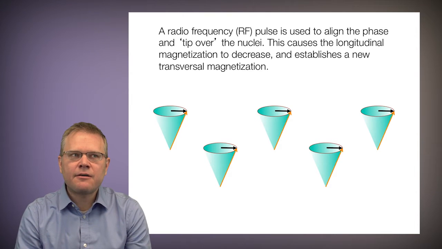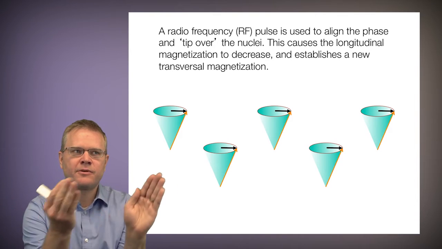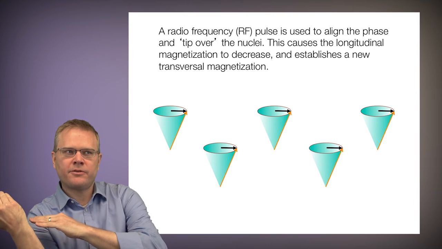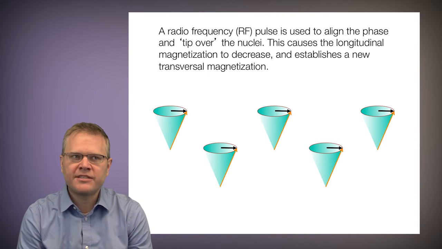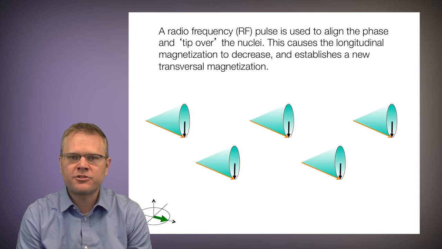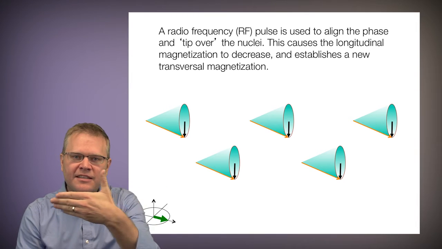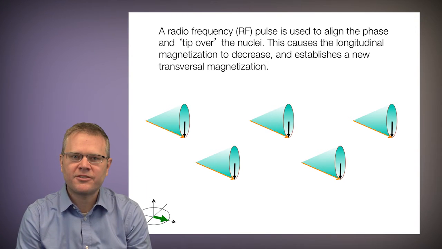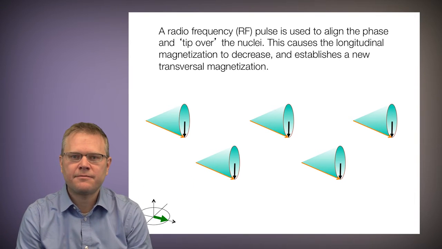What happens now is that one uses a radio frequency pulse to align the phase of these nuclei, to make them spin in phase with each other, and then tip them over. This causes the longitudinal magnetization to decrease and establishes a new transverse magnetization. Now all the nuclei are pointing in the orthogonal direction to the longitudinal direction, and this causes the net magnetization to lie in the transverse plane.